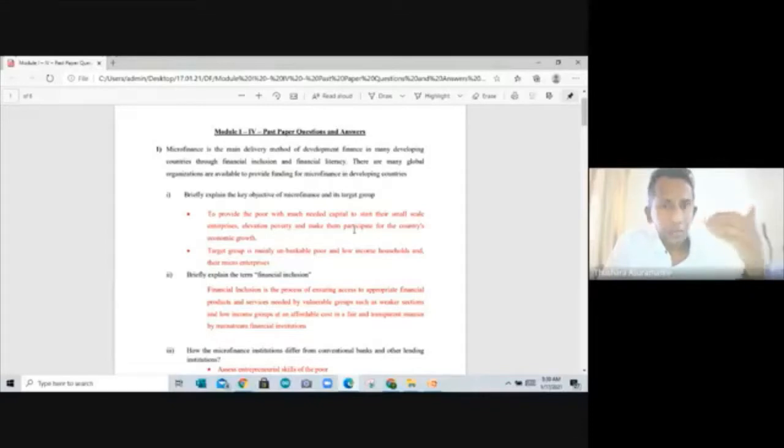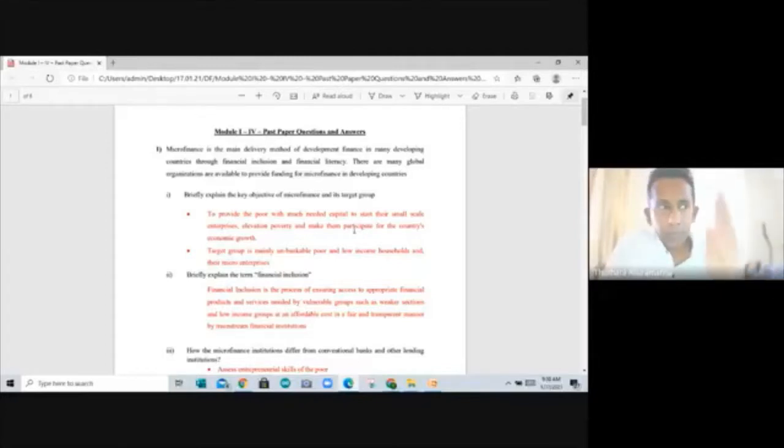Those things you need to include here in addition to what is mentioned. We talk about empowerment of women, financial literacy, standard of living, and provisioning of capital. There are 3 or 4 items we discuss under the definition of microfinancing in our slide.